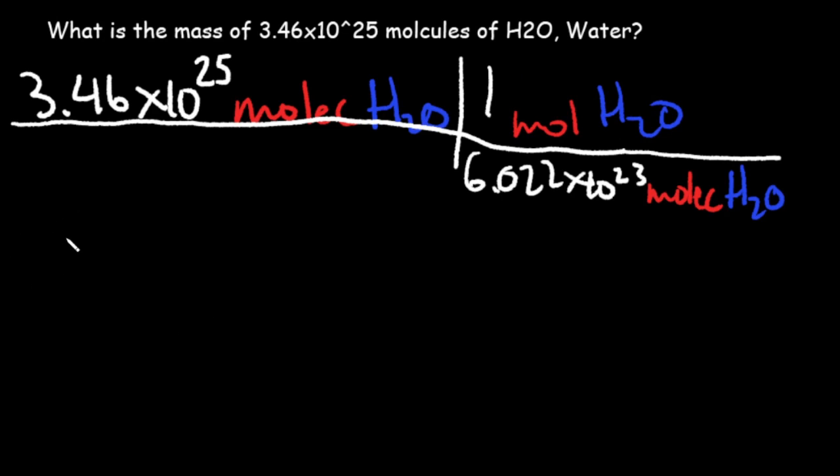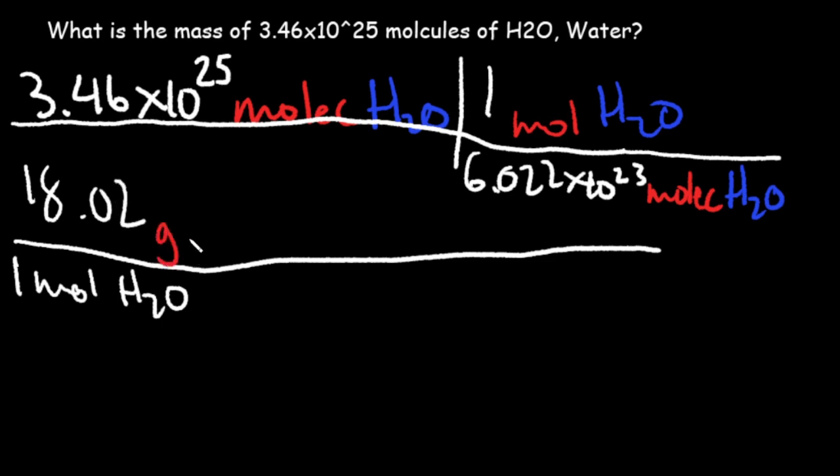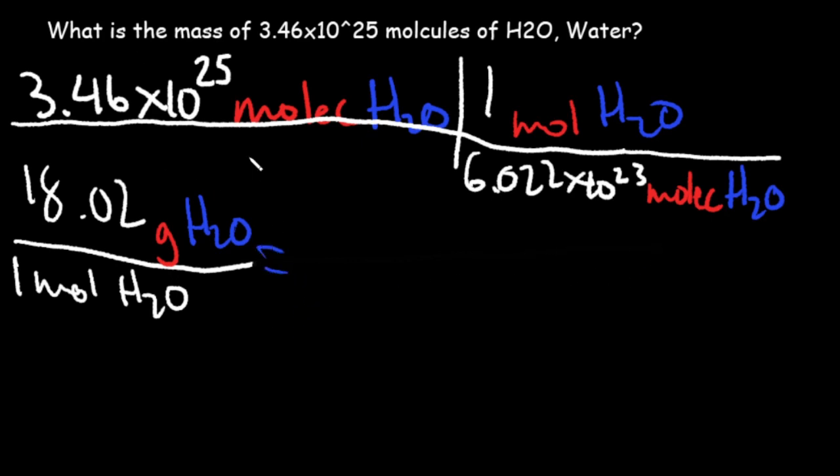So let's continue the dimensional analysis down here. In 1 mole of water, there are 18.02 grams of water. That's pretty much all you need to do, and then you just multiply and divide out.